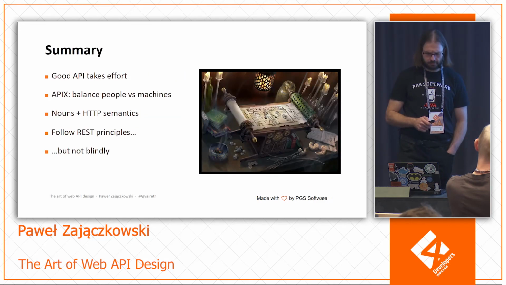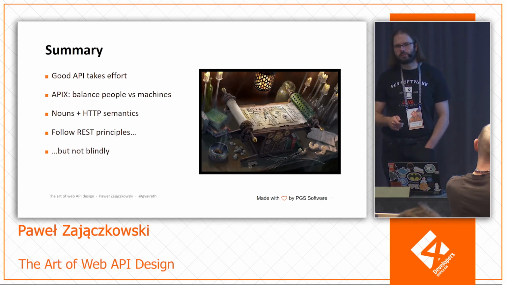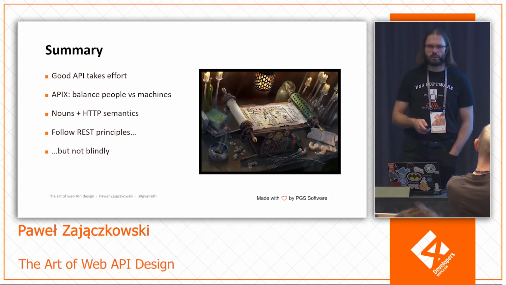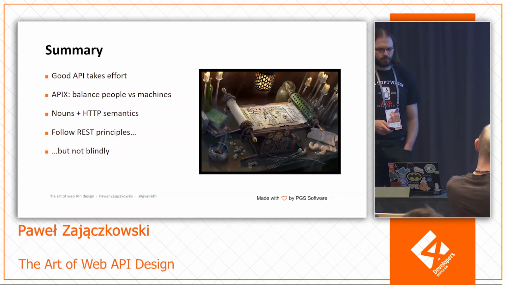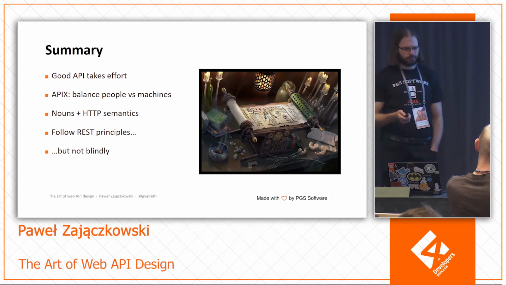And to sum up, API has a lot of aspects. Sometimes we don't think about some of them, but depending on our resources and priorities, there are a lot of things that we can do to make developers' life easier. API is to the developer as graphical user interface is to regular user. So basically, we can think about this as a product.